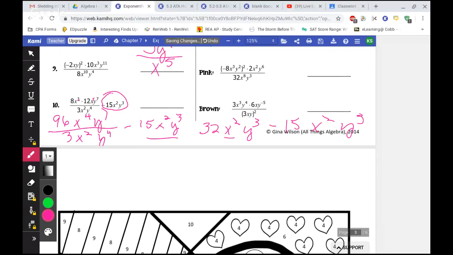My variables match exactly, and as do the exponents. So I can actually subtract them. This would be like having 32 oranges, because this is all one big thing, and subtracting 15 from them. So that's going to be 17x squared y cubed.